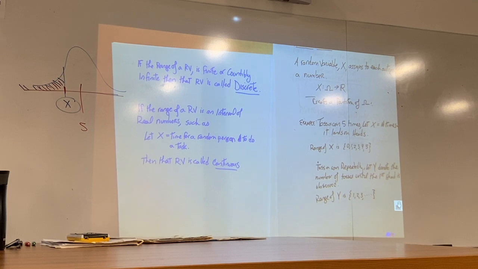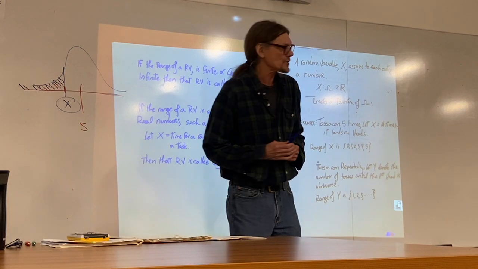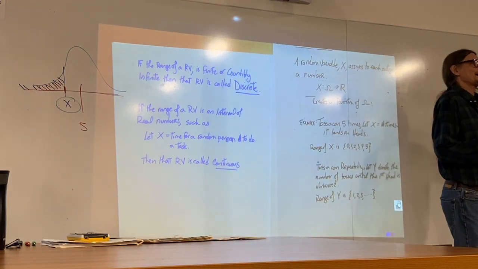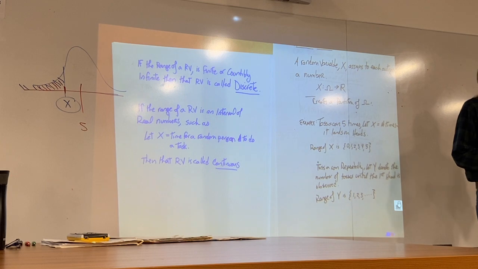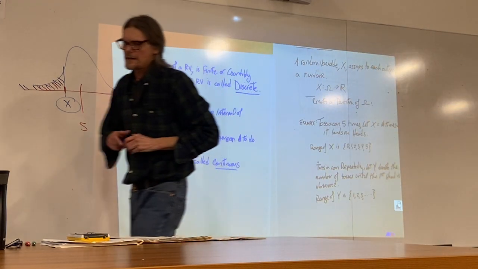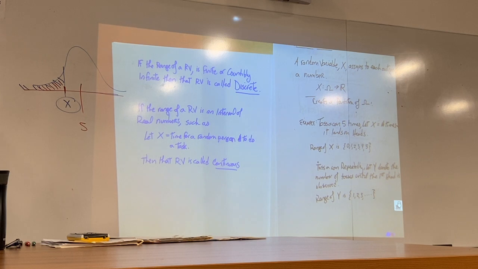What we do say is what values can this random variable take on? Even though it is indeed a function, a mapping from the sample space to the reals, that notation typically doesn't get written. For instance, you'll see notation such as calculate the probability x is equal to 2.